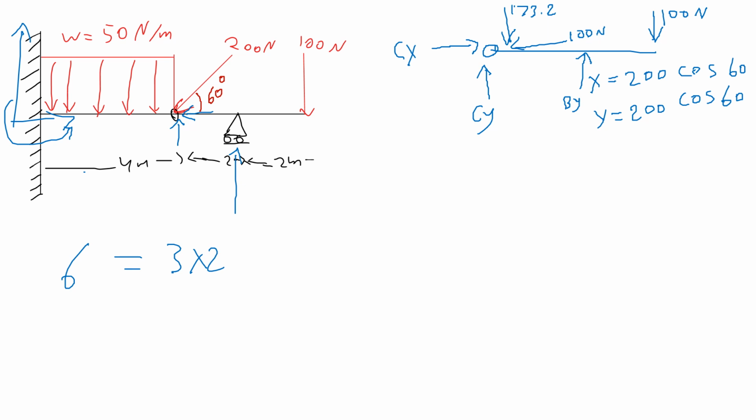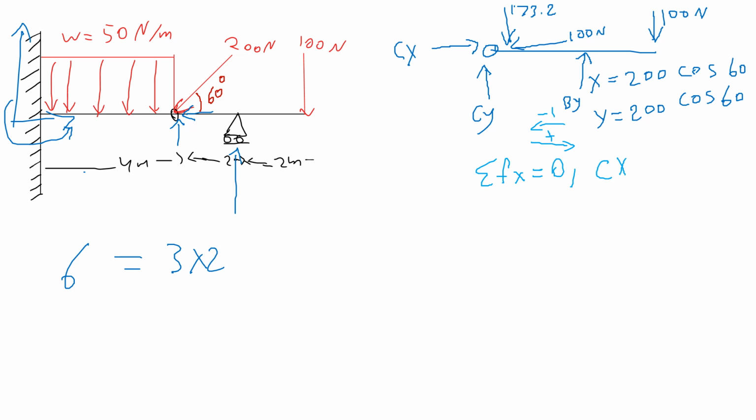We're going to start with sigma Fx equal 0, and we're going to find out how many x's I have. I have Cx plus, we're going to assume that this side is positive and this side is negative.